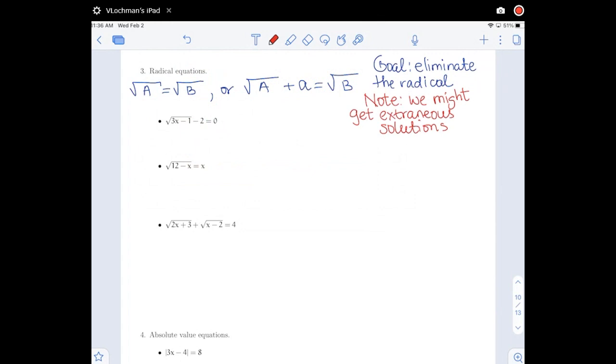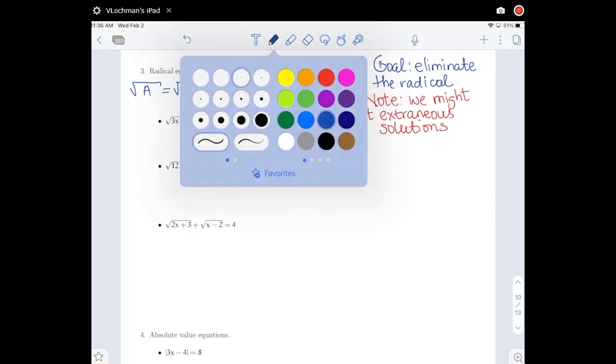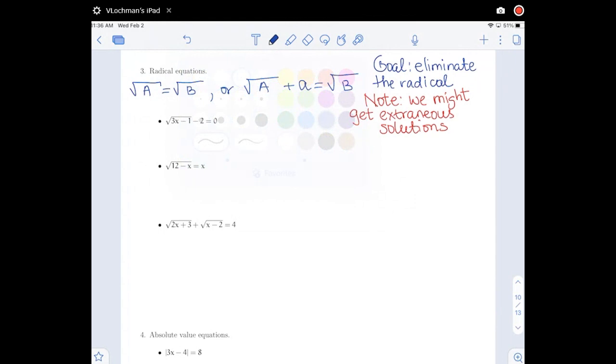Let's take a look at the first example. This one says the square root of 3x minus 1, minus 2, is equal to 0. I'm going to put it in the following form: square root on one side, number on the other side.